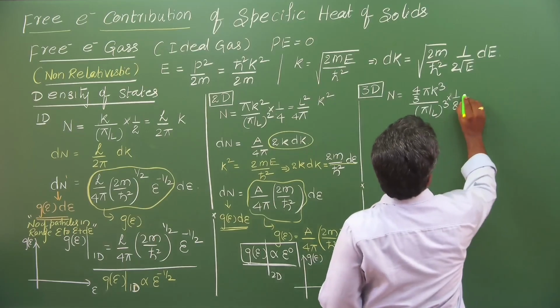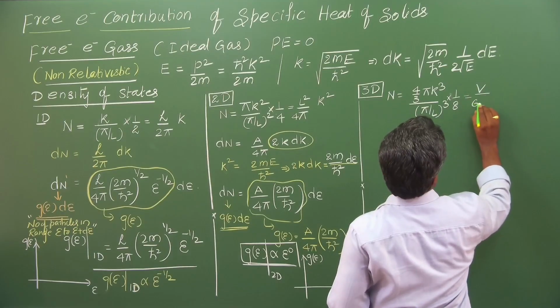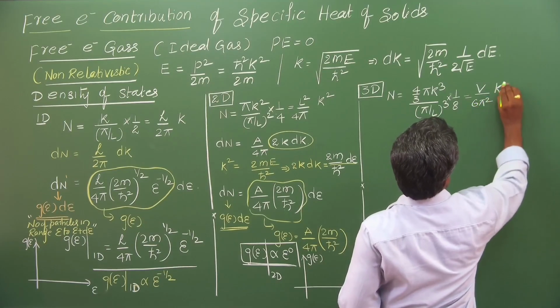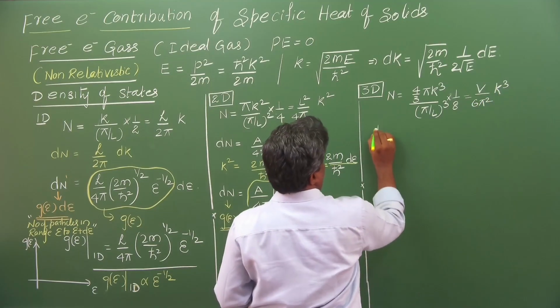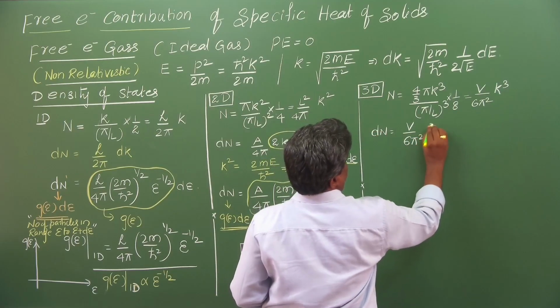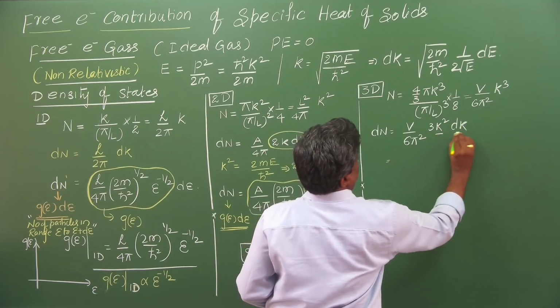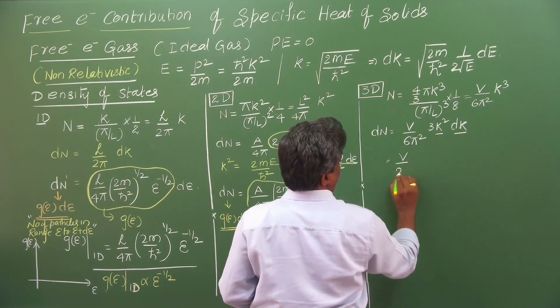I think here you got volume by 6 pi square, 6 pi square k cube. All of you got this? Now again differentiate it, that is V by 6 pi square into 3k square dk, and you can substitute k square and dk. This is V by 2 pi square.